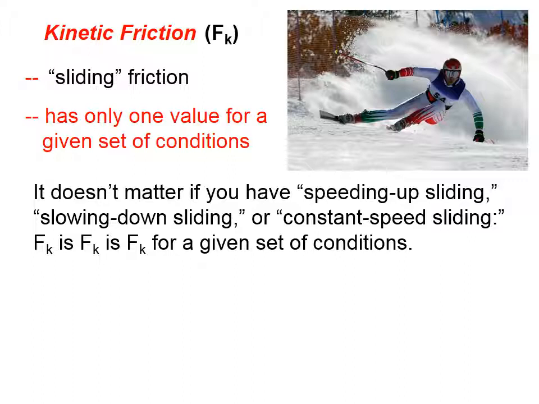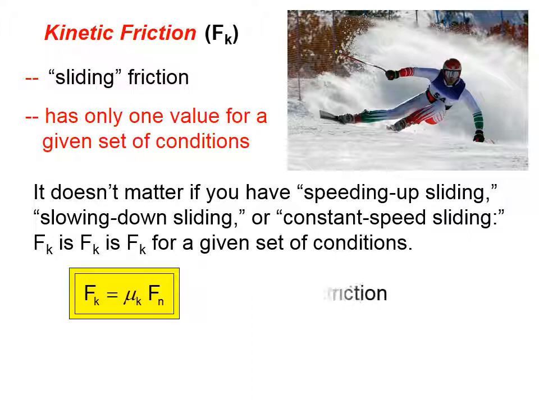It doesn't matter if you have speeding up sliding, slowing down sliding, or constant speed sliding. F sub k is F sub k for a given set of conditions. Unlike static friction, which can vary, kinetic friction for a given set of conditions will not vary in this class.